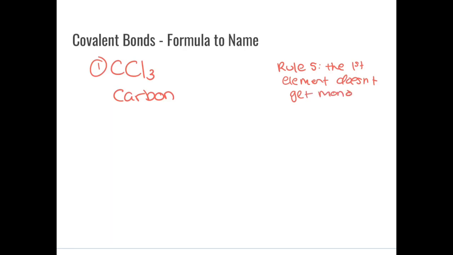So it should be monocarbon, but since carbon's the first element, we're not going to write it. And then Cl is chlorine, and that's 3. So it's trichloride. Notice that the little 3, the subscript, is after the Cl, but when we write out the name, the tri goes in front of it.